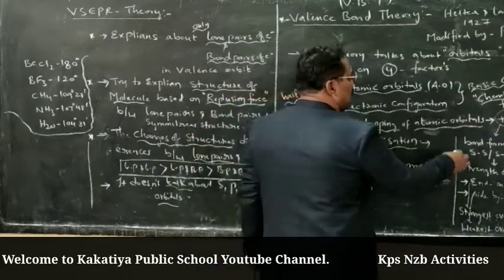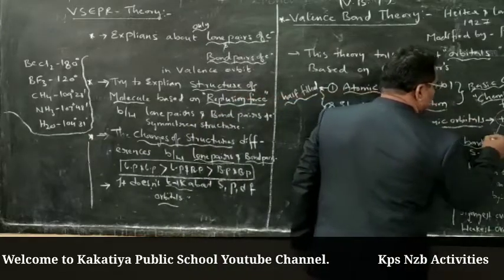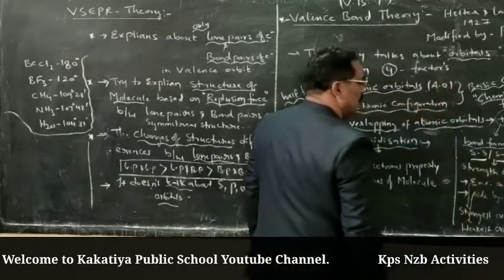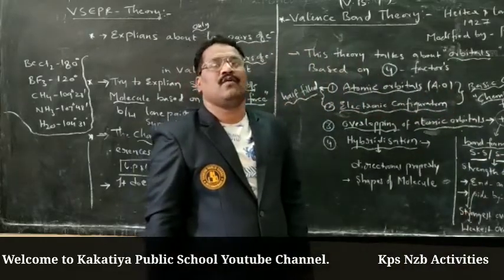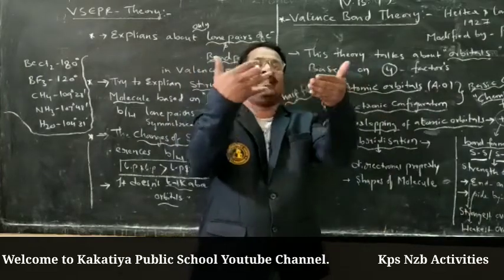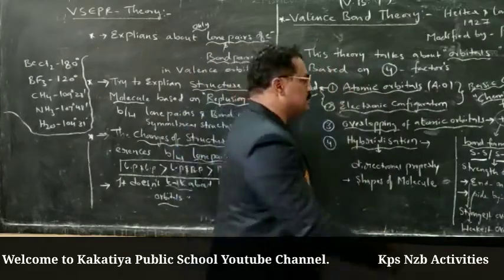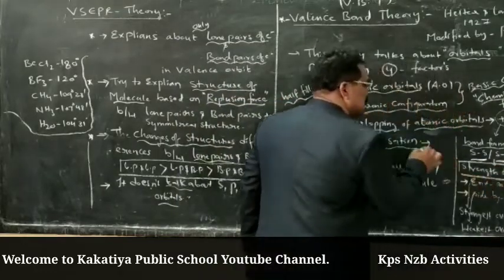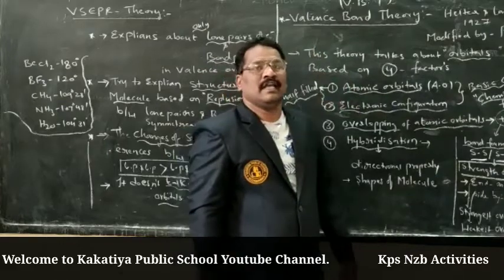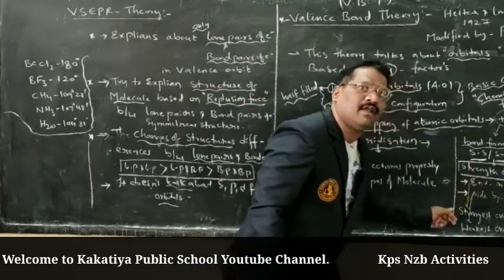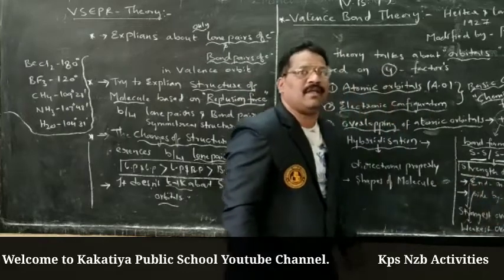Positive overlapping, what happens there? It explains bond formation through s-s overlapping, s-p overlapping as well as p-p overlapping. The way in which the orbitals overlap explains the strength of the bond. There are two types, end-on-end overlapping and side-by-side overlapping.